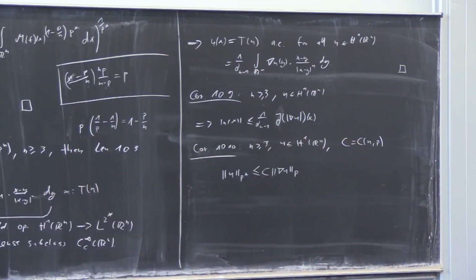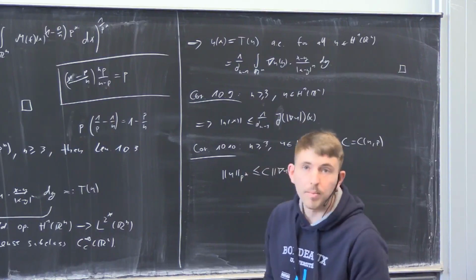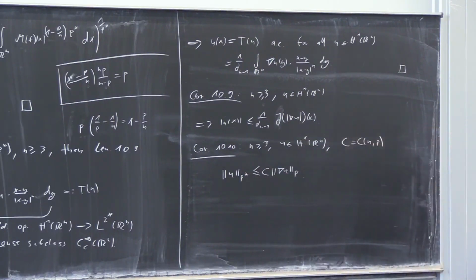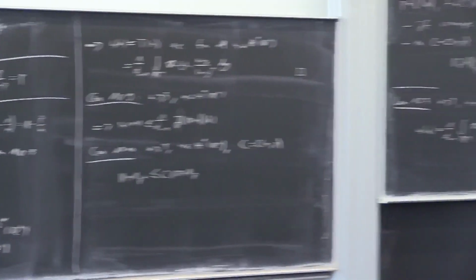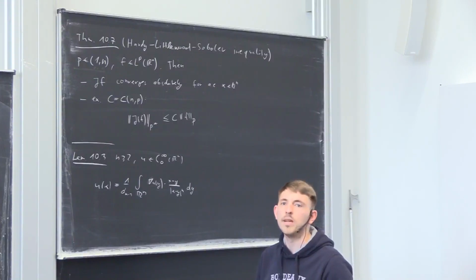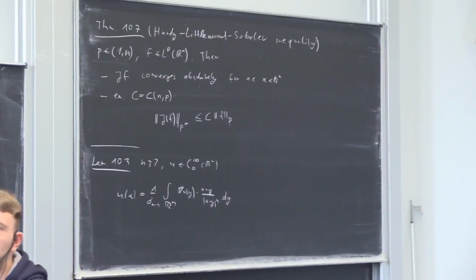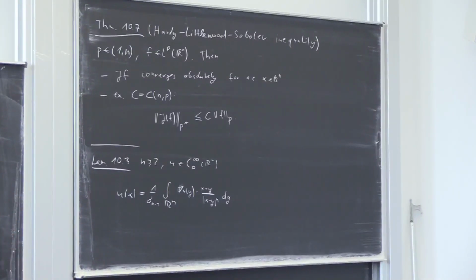What was the last thing I wanted to say? Another point about sharpness. I discussed why, for the Hardy-Littlewood-Sobolev inequality, we cannot allow the endpoints p equal to 1 and p equal to n from the proof. In the lecture notes you will get some indications, either by an exercise that is not posed as an exercise, and also by an actual exercise, that neither the Hardy-Littlewood-Sobolev inequality nor the embedding extends to these endpoint cases.